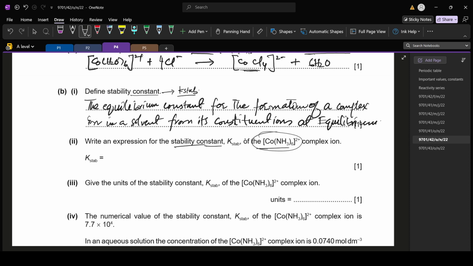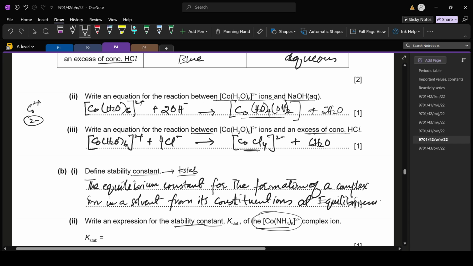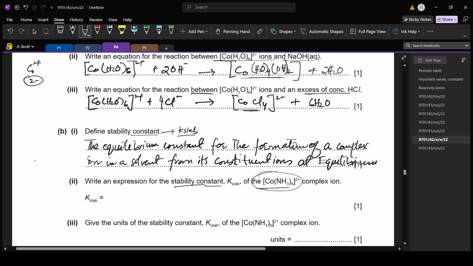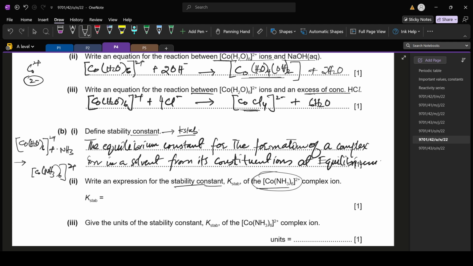This cobalt complex will form when the initial complex of cobalt in aqueous water reacts with an excess of ammonia, so this complex will form, plus 6 H2O.